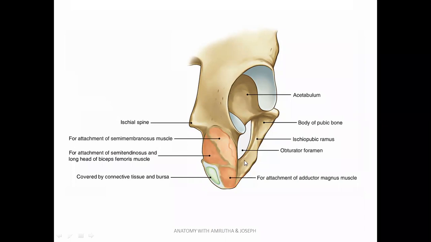It has the body and the ramus. The ramus is articulating with the inferior ramus of the pubis, forming the conjoined ischiopubic ramus. The acetabulum can be seen in this. There are different areas of this ischial tuberosity, which could be studied later.